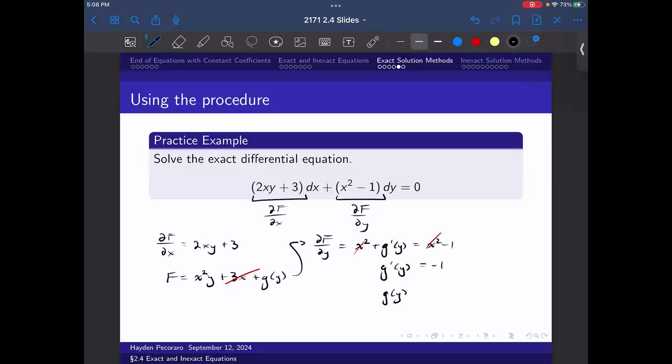Tells me g is equal to minus y. And then my final answer is x squared y plus 3x minus y equals some constant. And then we're done. And that's how you solve exact differential equations.